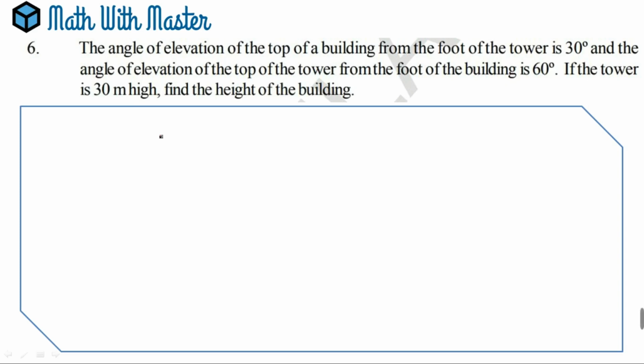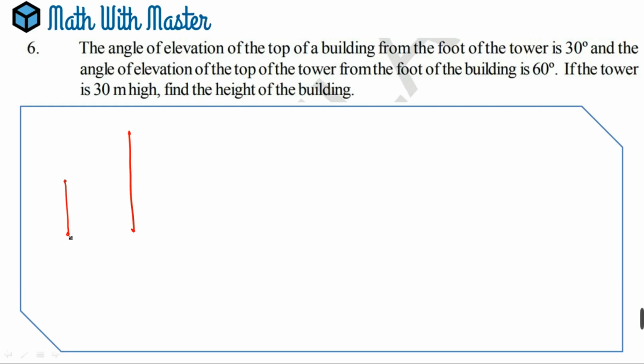So, the question is given, there is a building and a tower. The angle of elevation of the top of a building from the foot of the tower is 30 degrees.